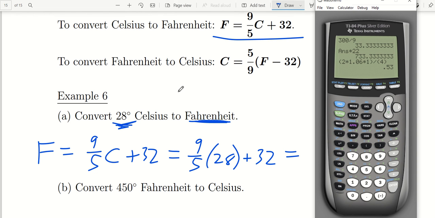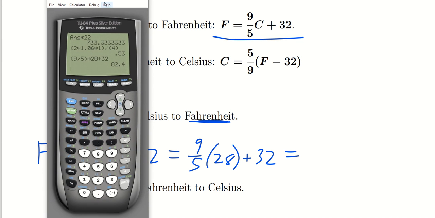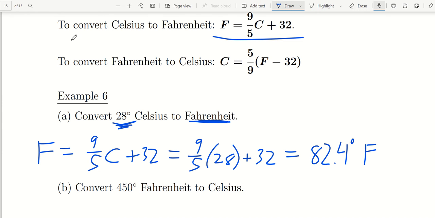Using order of operations, you would take 9/5, the fraction, times 28, multiply first, and then add 32. I'm going to put my fraction 9 divided by 5 in a parenthesis, multiply by 28, and then add 32 to it. And I would get a temperature of 82.4 degrees Fahrenheit. So 82.4 degrees, and I put a little F just so we know that it's Fahrenheit.